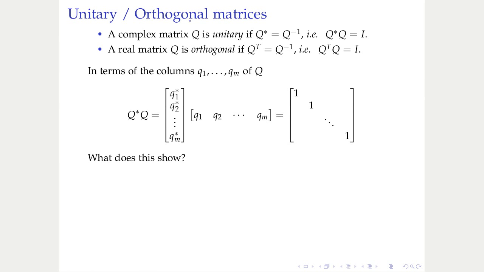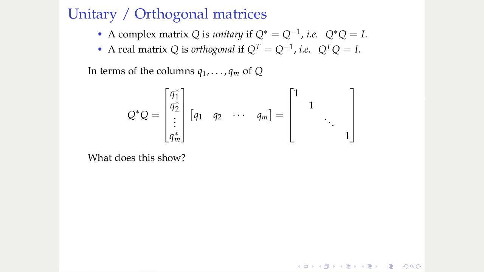So moving along. Unitary or orthogonal matrices. You've probably seen orthogonal matrices before. You may or may not have seen unitary ones. Basically, a unitary matrix is just the complex version of an orthogonal one, and we define them just like what we've got here.